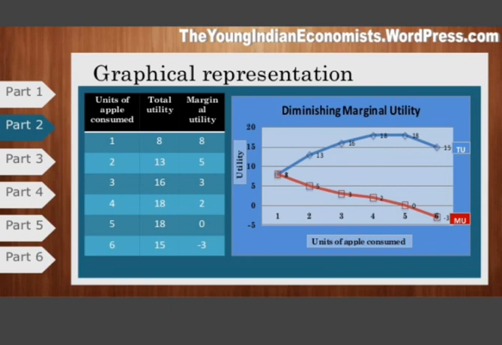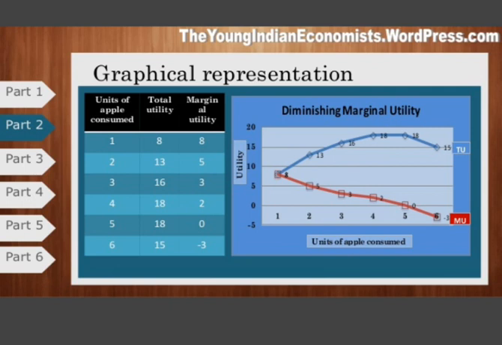And when total utility is falling, as indicated on the table there by 15, the marginal utility becomes negative. You can see it in the diagram there. It falls below the y-axis, so it becomes negative. So when total utility is rising, marginal utility is falling. When total utility is maximum, marginal utility is 0, and when total utility is falling, the marginal utility becomes negative.